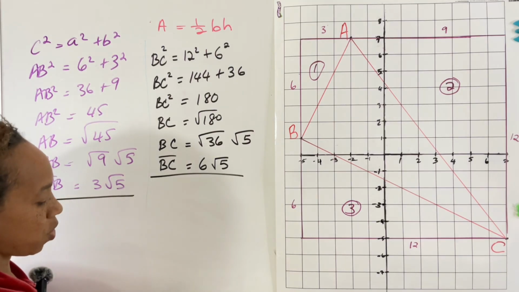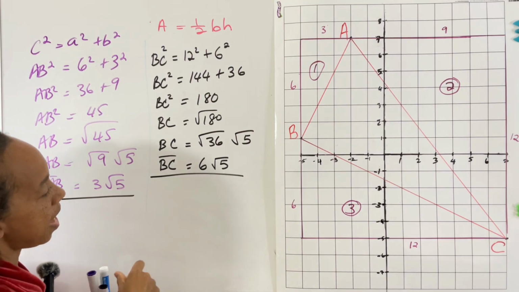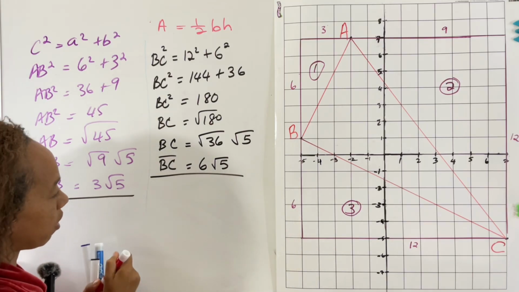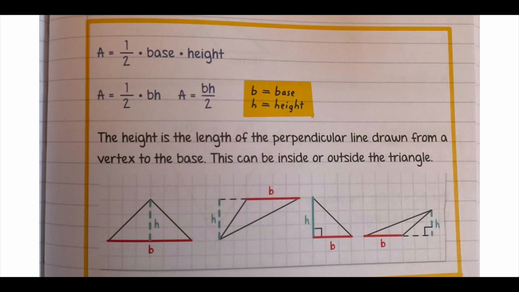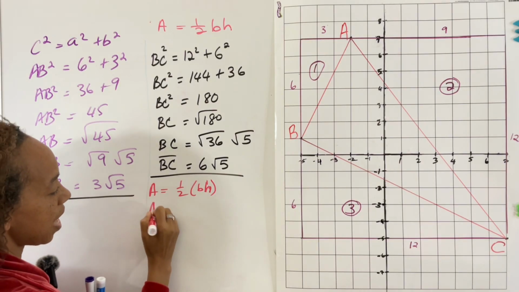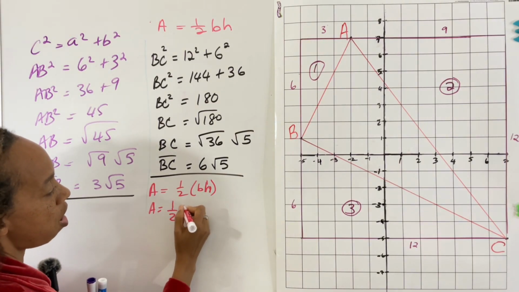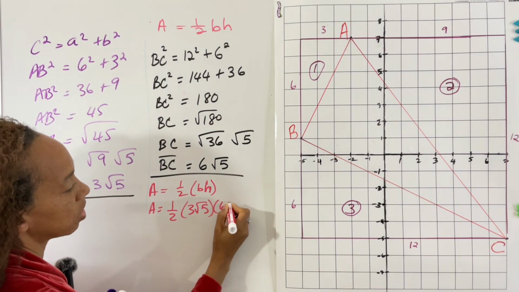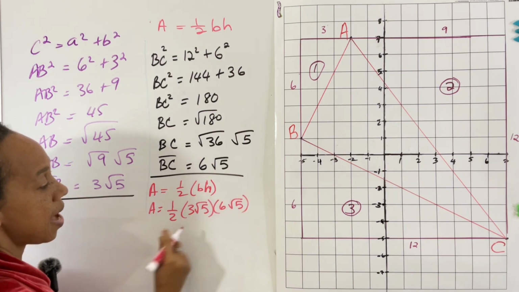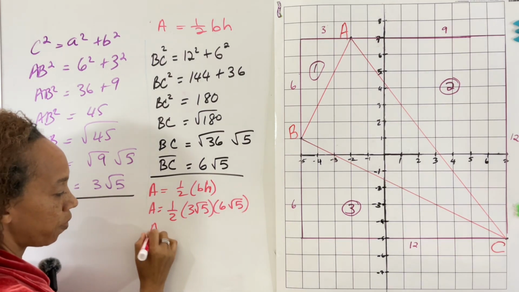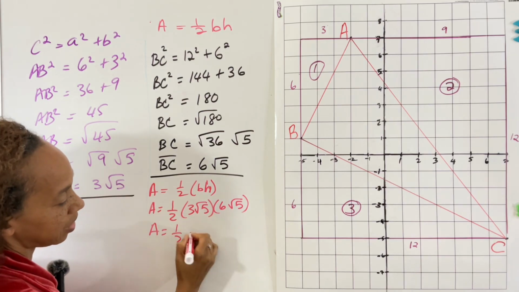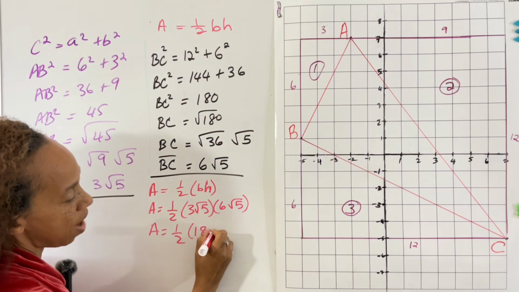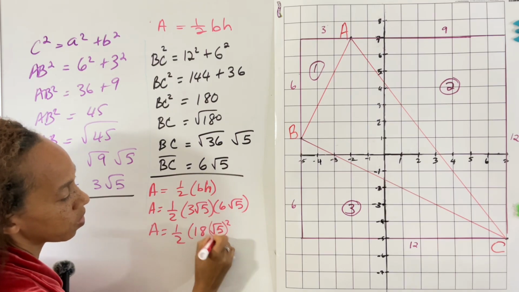Now that you have both lengths, you can go ahead and find the area of the triangle by using the formula, area of a triangle, A equals half base times height. Right now you have the base and the height. So area is equal to half of 3 radical 5 times 6 radical 5. And you will further multiply this. This is going to be 18 radical 5 to the second power, right?